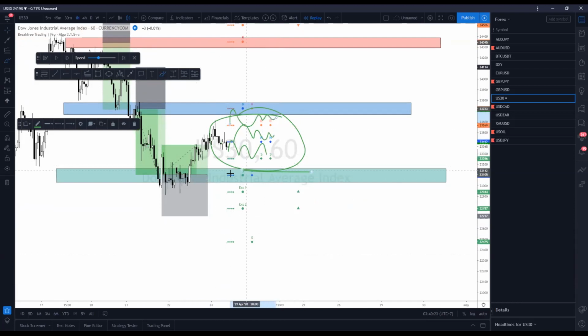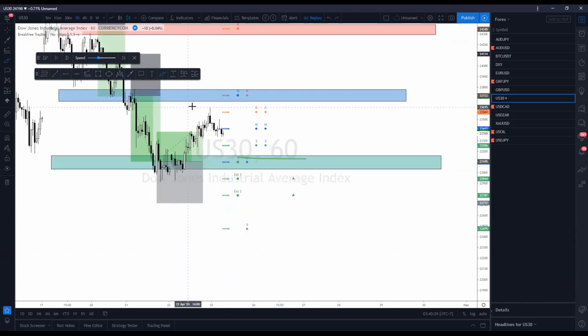So I'm going to wait for a breakout to the upside, or if the algo removes these levels and I have more clarity, then I'll take a trade. But right now there's just too many levels, and if you can't identify a good level to buy, then it's going to be hard to trade. And if you don't know where to enter and exit precisely, then it's just best to stay out.